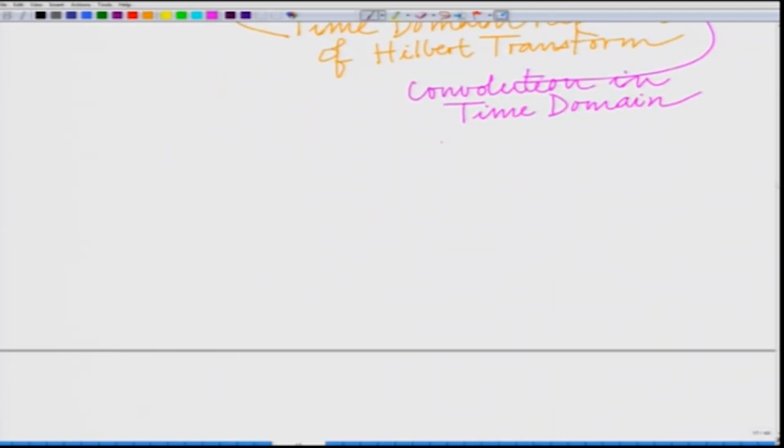Now, the frequency domain representation, that is the output Fourier transform. Remember, convolution in the time domain is multiplication in the frequency domain.